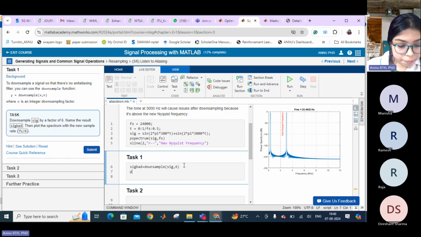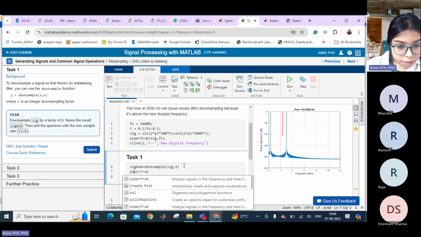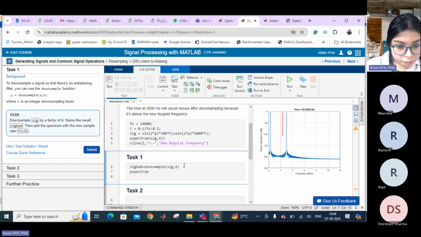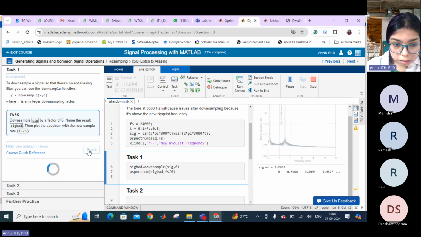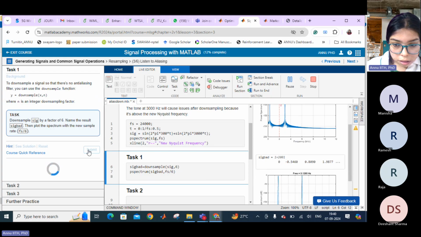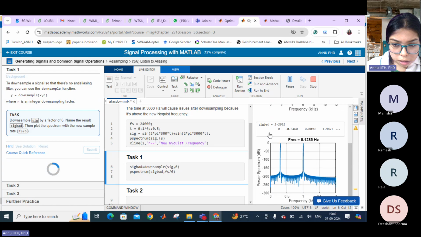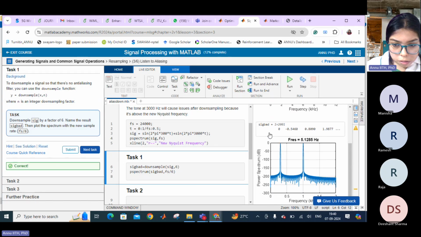Plot the spectrum, the power spectrum of sig_bad, with fs by 6. So you have this spectra.